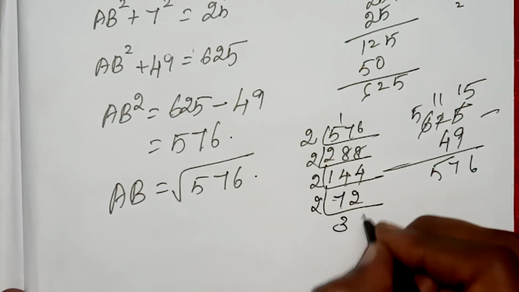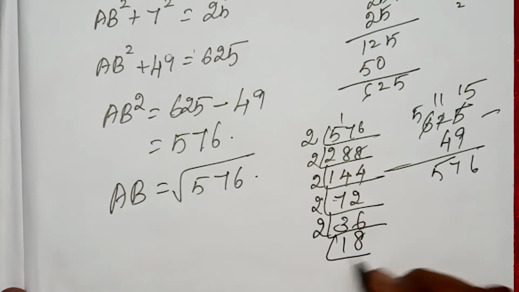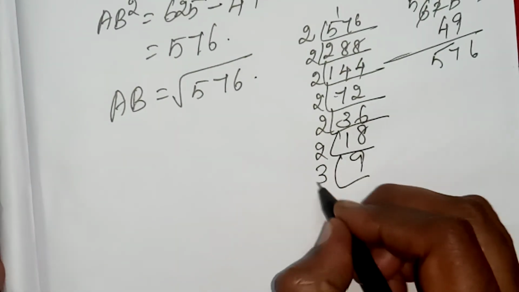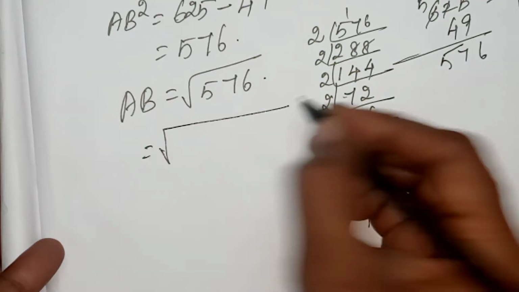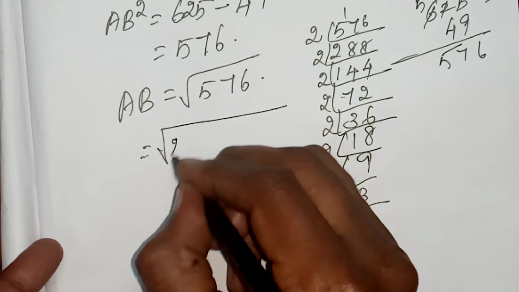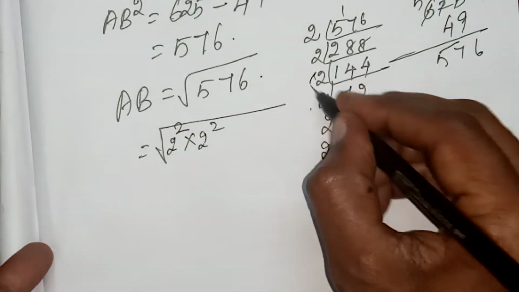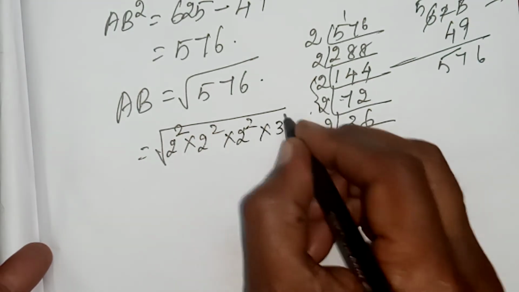2 table. 36. 2 18. 2 9. Next 3 3s are 9, 3 3 1. So we can write it is equal to 2 square into 2 square into 2 square into 3 square, under the square root.